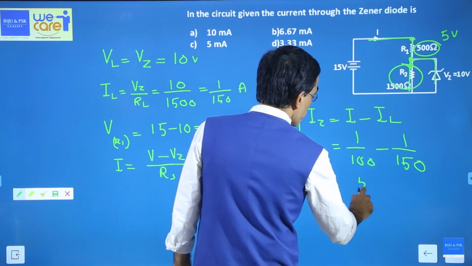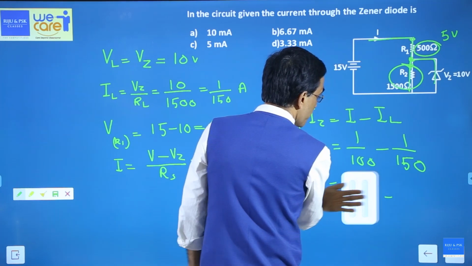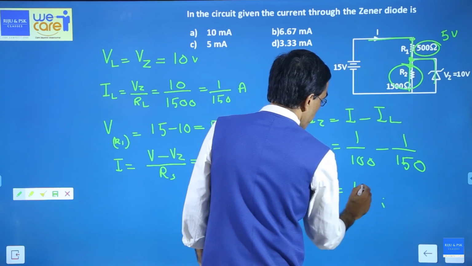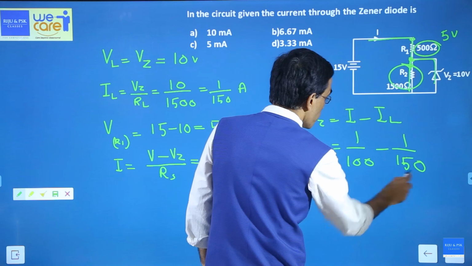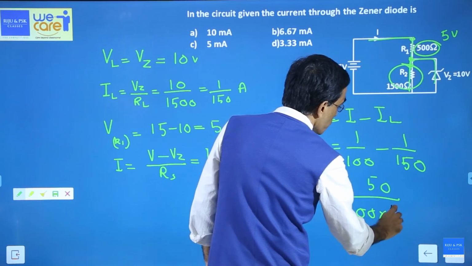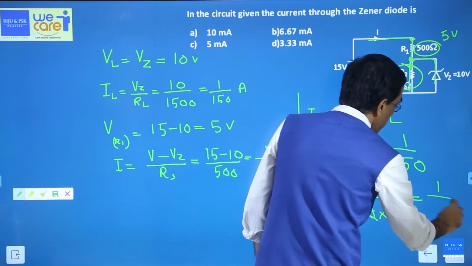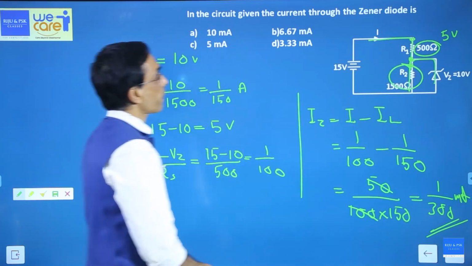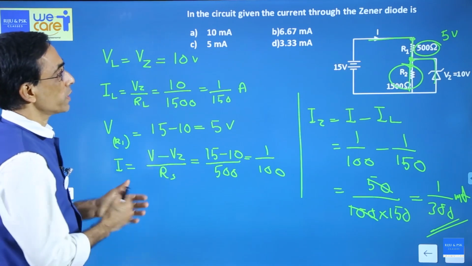So this will give you 150 minus 100, which is 50, divided by 100 into 150. 50 cancels here, this will become 1 by 300 milliampere. That is how you calculate it.